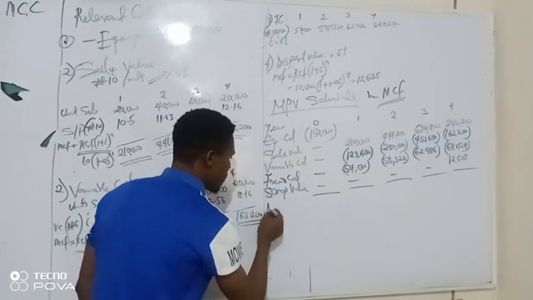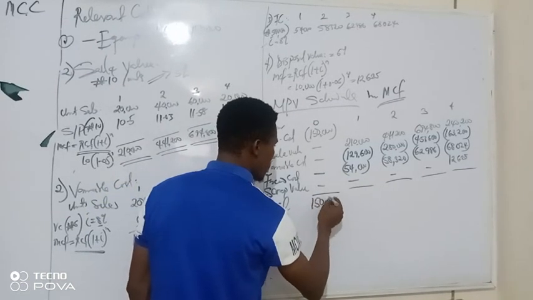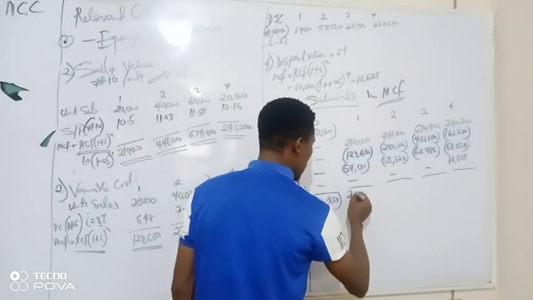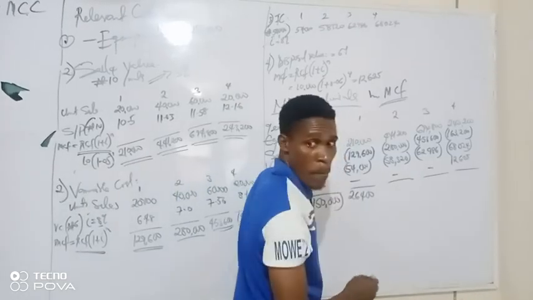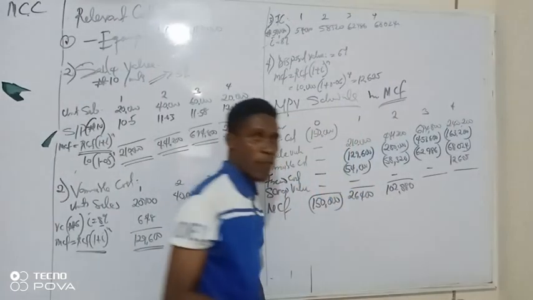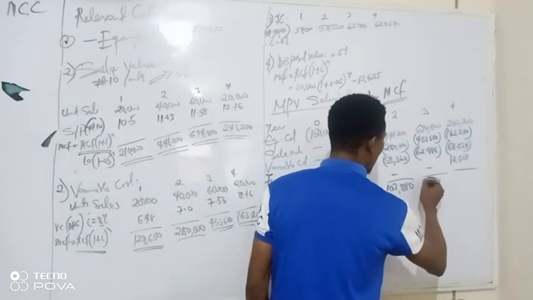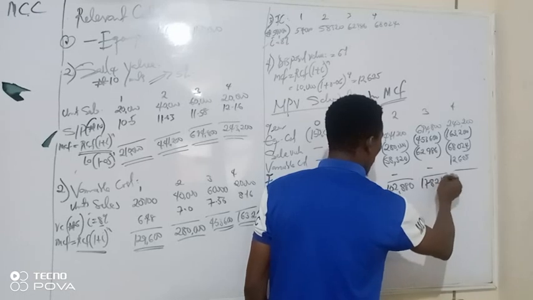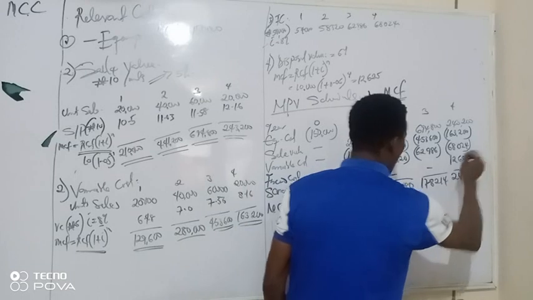So our net cash flow: the answer will be 150,000 for year 0. Year 1, 26,400. Year 2, 102,880. Then 178,214, and 24,601.